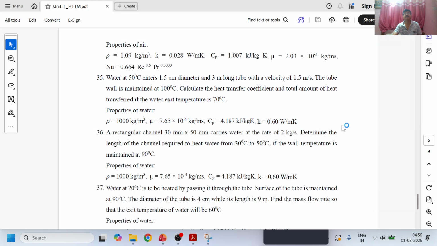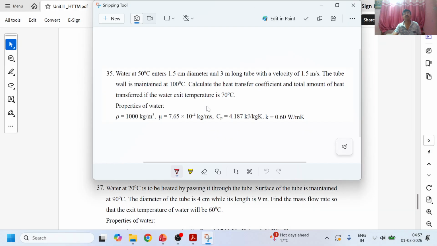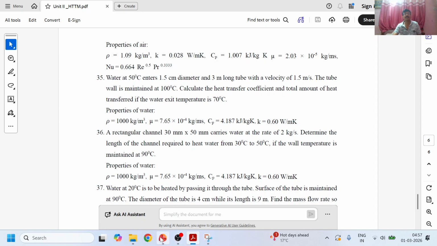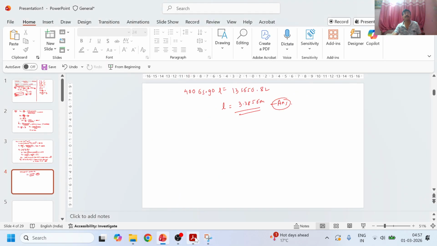Problem number 35. Okay, but the correlation is missing in this problem, that I will add.